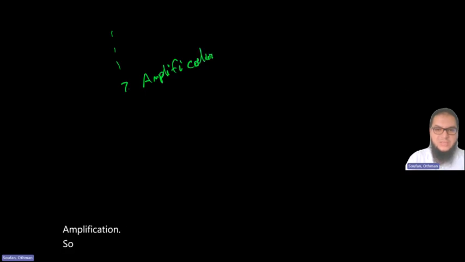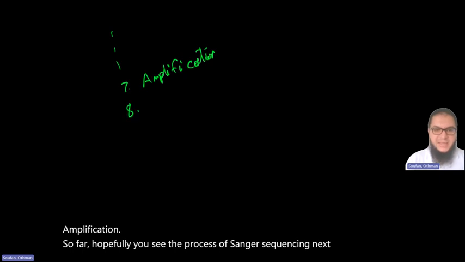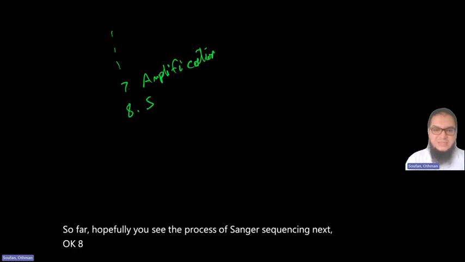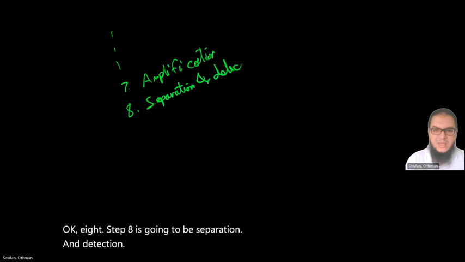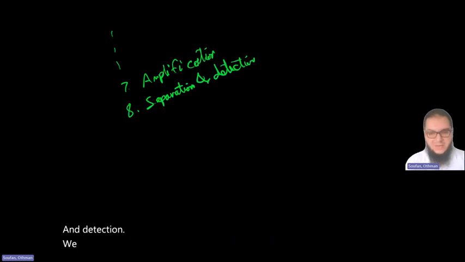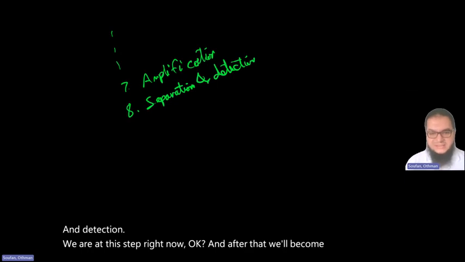So far, hopefully you see the process of Sanger sequencing. Next, step 8 is going to be separation and detection. We are at this step right now, and after that will come data analysis.